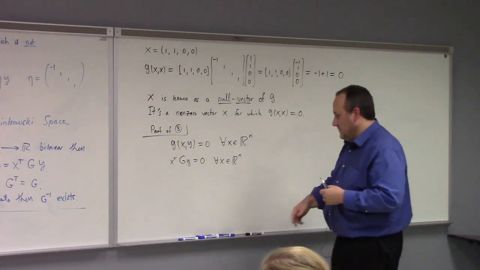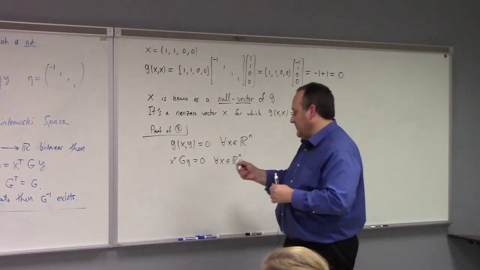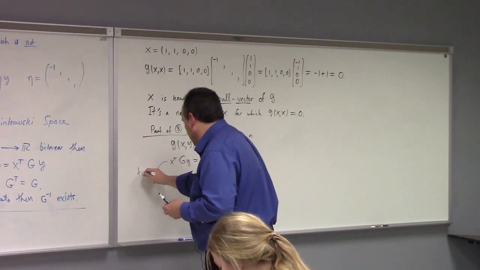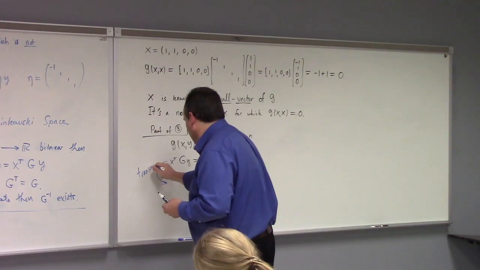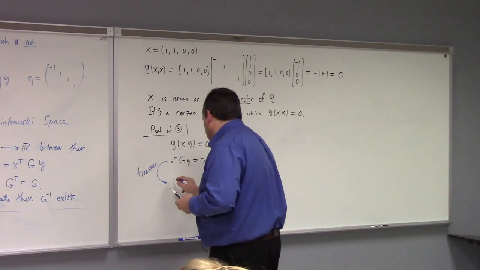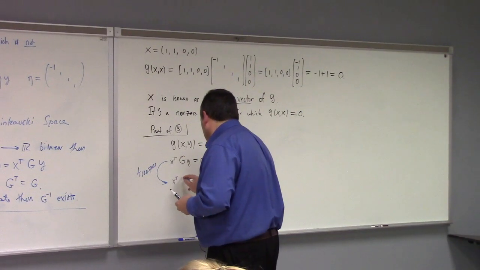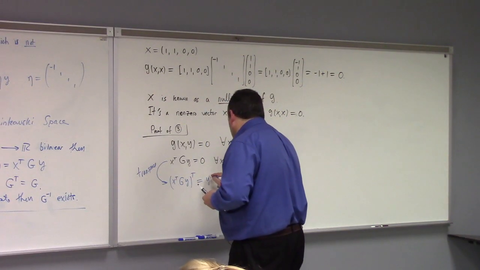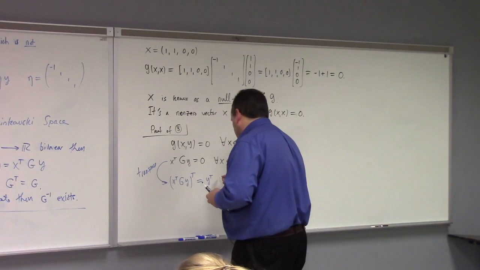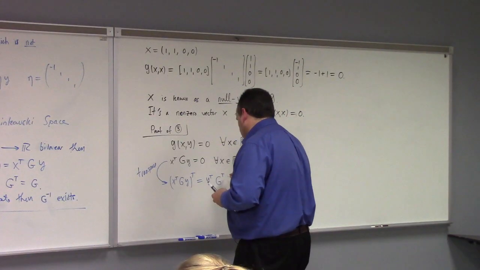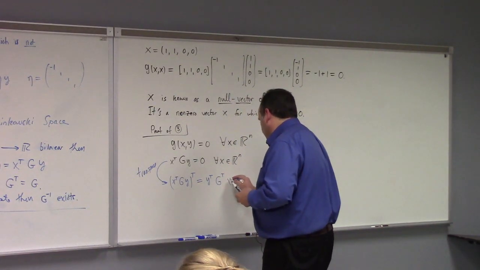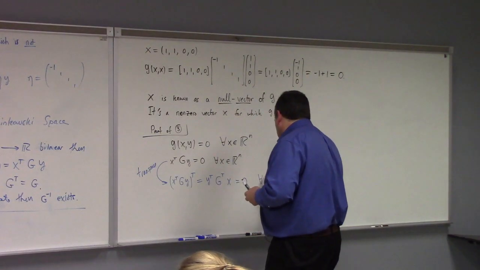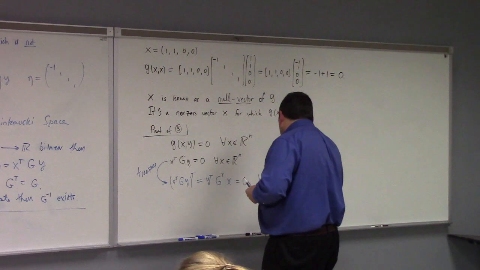If I transpose this, I get x transpose G y transpose, which is y transpose G transpose x, equal to 0 for all x in Rn, right?